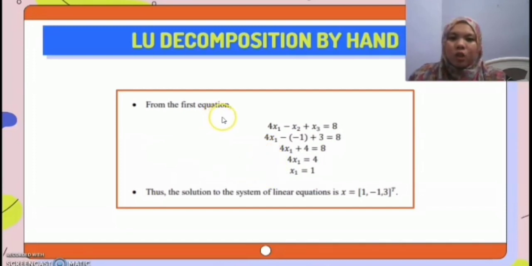From the first equation, we substitute the values of x2 and x3, and we get x1 equal to 1. Thus, the solution to this system of linear equations is x equal to 1, negative 1, 3, transposed.